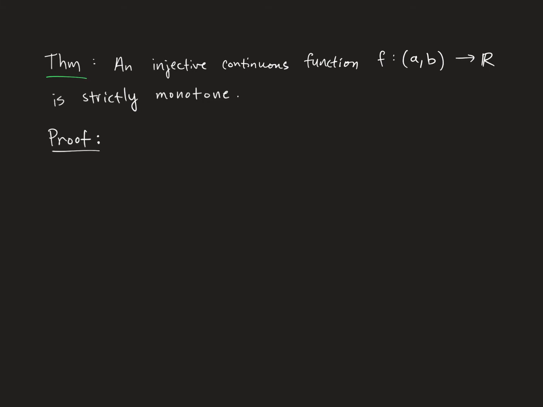So if your function is not strictly monotone, then you have some points x1 less than x2, where it's increasing for two points and then not increasing for some other two points. It's going to be increasing like this for x1 and x2, but then decreasing.